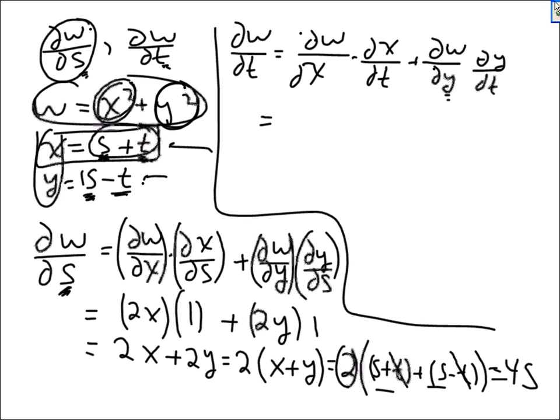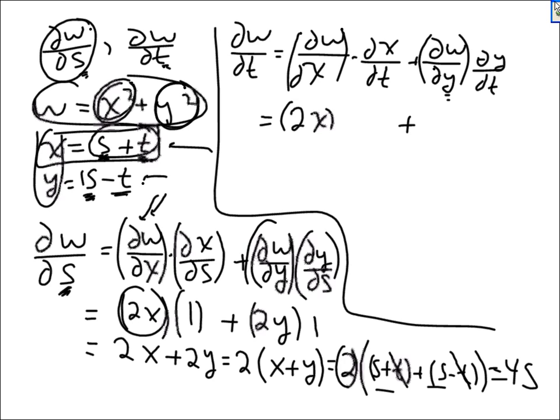The first one, we already did it. It's 2x. Partial of w with respect to y, we already did it. It's 2y. So you start to notice that you already have the answers. You don't have to keep reinventing the wheel.